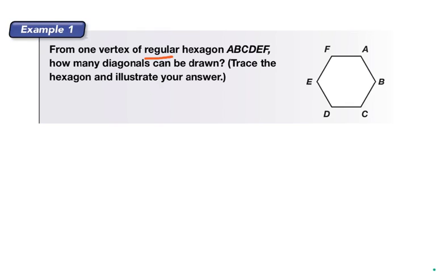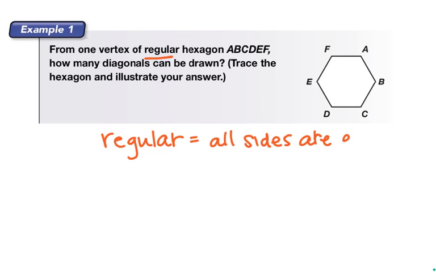Remember that a regular polygon or regular hexagon means that all sides are equal. So when you're looking at this, each of these sides is equal to the other.